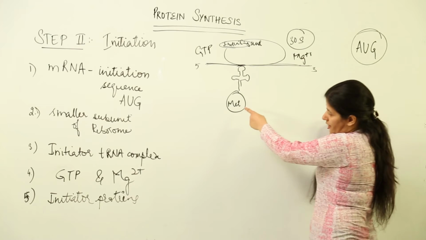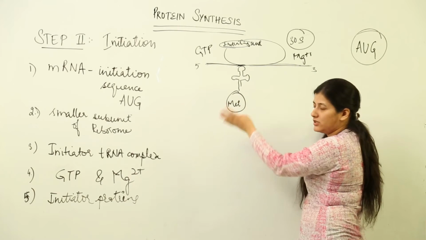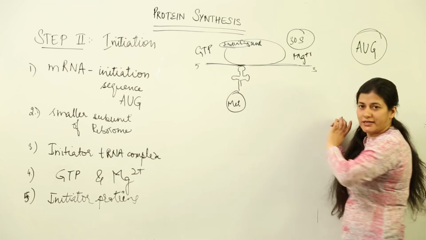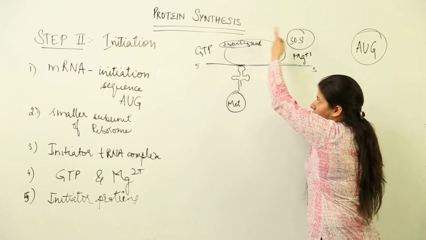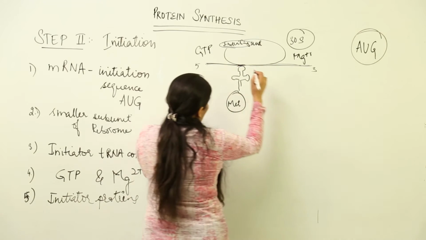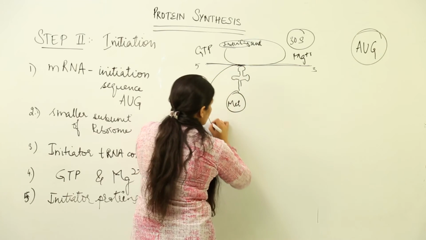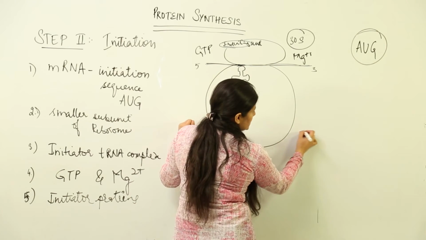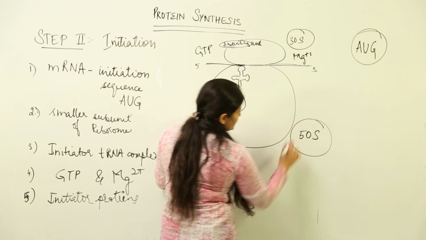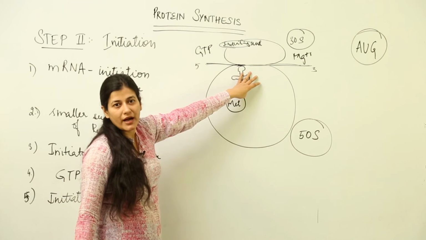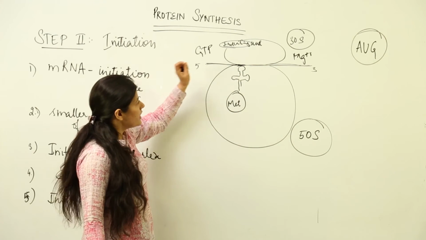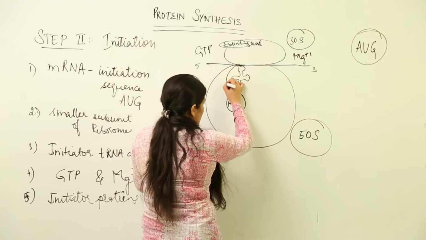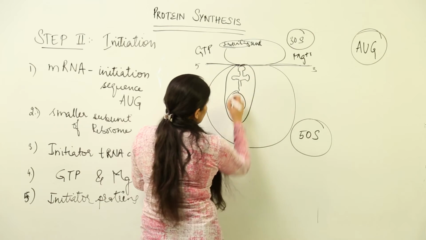So, when this tRNA, that is either formyl methionine or methionine, comes and joins with this 30S joined mRNA, what happens is the larger subunit of the ribosome comes over here. Okay, the 50S subunit also comes and joins at the mRNA ribbon. Now, this methionine is located in the larger subunit's P site.